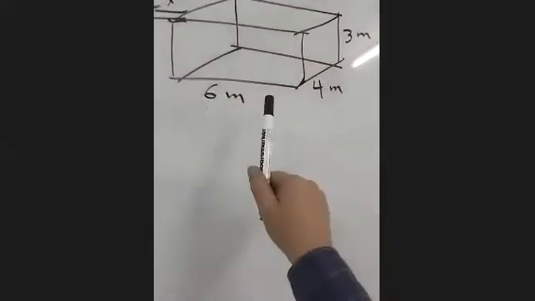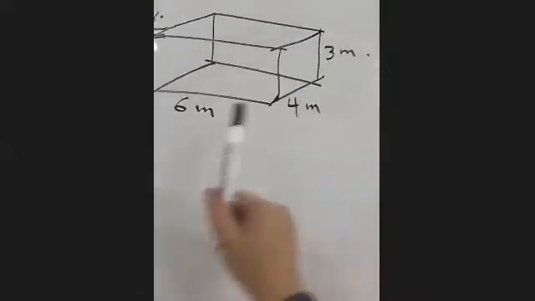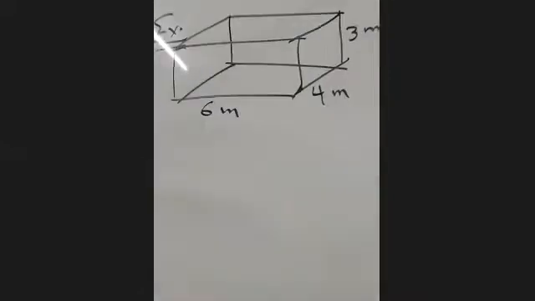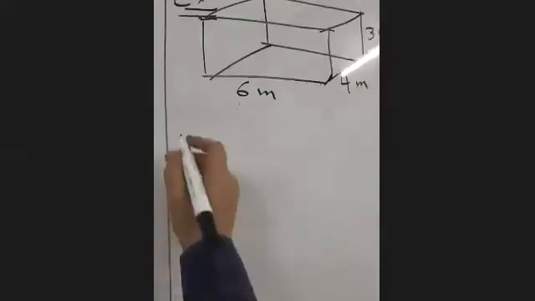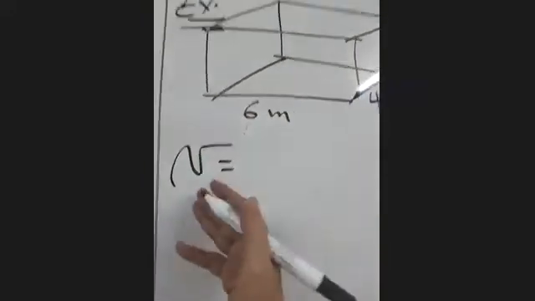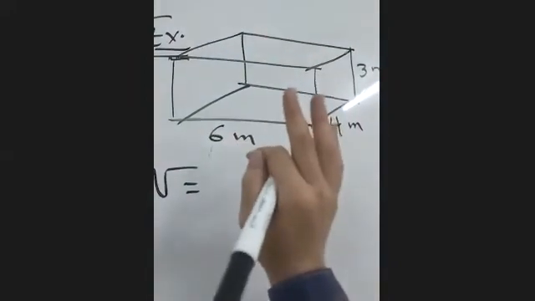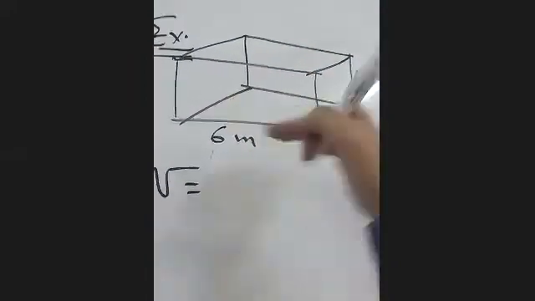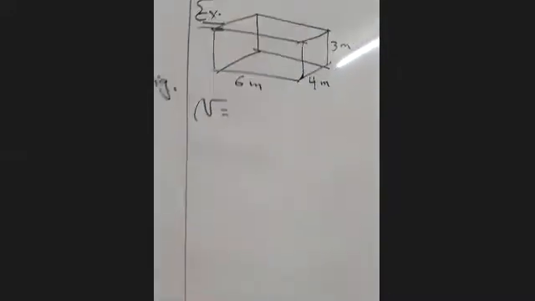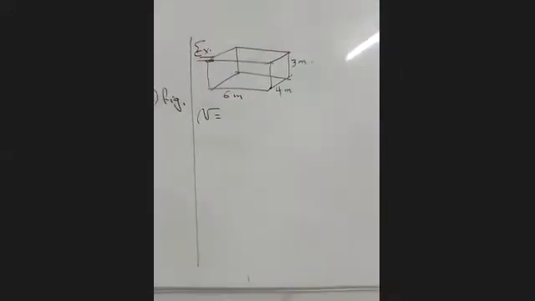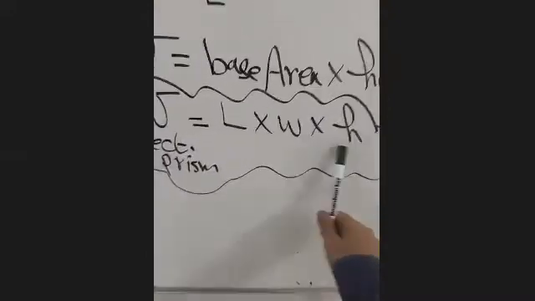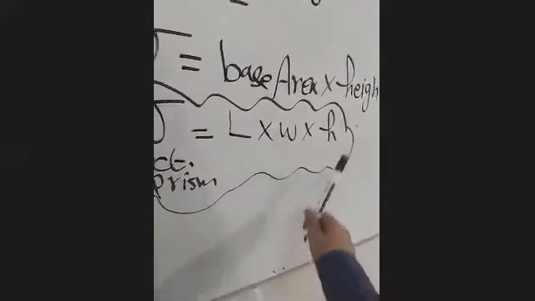Now this is the length, the width, the height. How to find the volume of it? We call it rectangular prism. It has 6 rectangles, up, down, and the 4 around. How we find the volume of the rectangular prism? Follow its formula. Length by width by height.